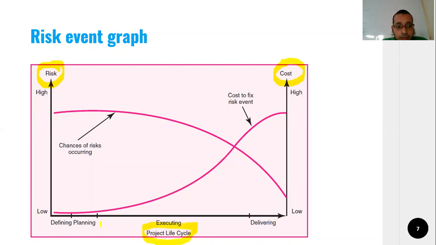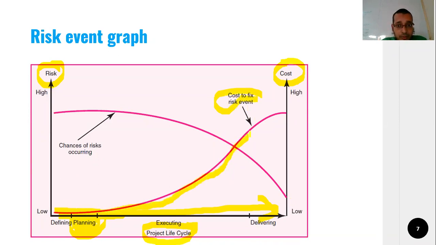The project life cycle goes from left to right. If we can identify any risk at the planning stage, you see, this is the planning stage, this is the cost graph.